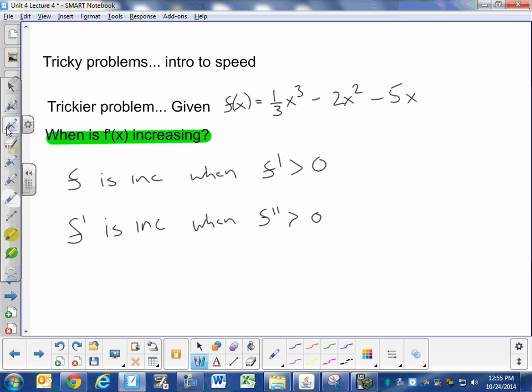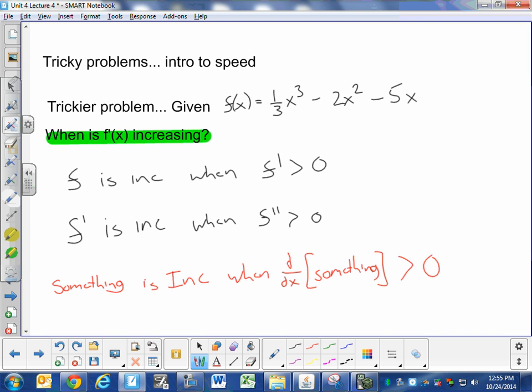You can just go ahead and say something is increasing when the derivative of that something is positive. If you want to see when f prime is increasing, you will look at when f double prime is positive.